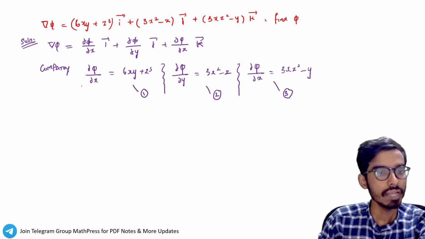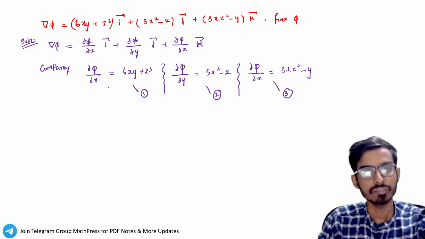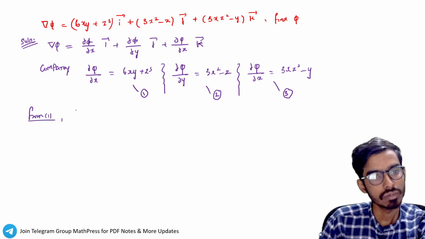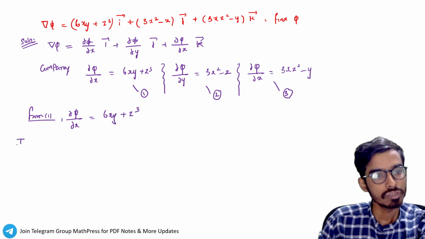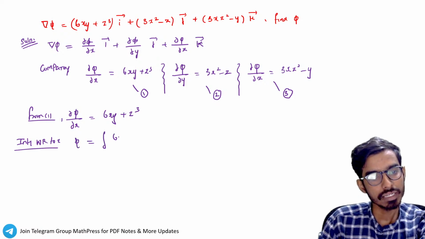Now, what we did in the previous problem, we have taken this function and integrated with respect to x. So from 1 we have dou phi by dou x equal to 6xy plus z cube. Integrating with respect to x, phi is equal to the integration of 6xy plus z cube dx.